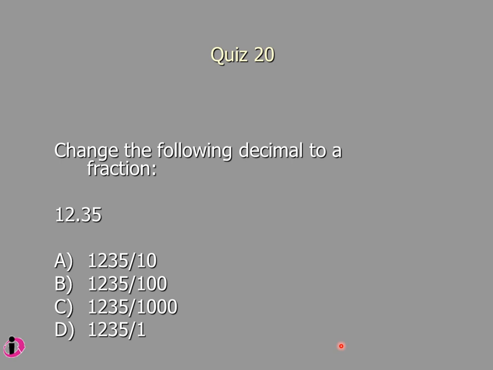So one option is to just keep it as it is and convert it to an improper fraction. So 12 times 100 becomes 1200, right? And you add 35, so 12 times 100 plus 35, which is 1235, right? So the right answer is 1235 over 100.